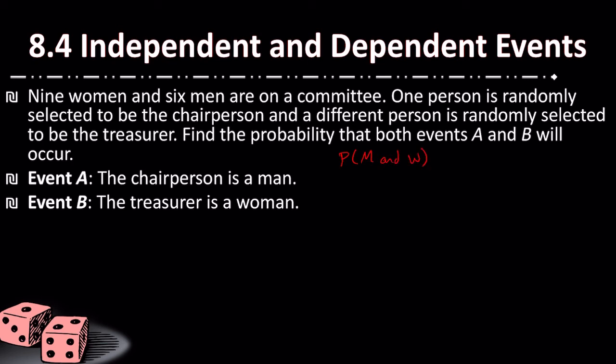So is this going to be independent or dependent? Well, after you choose the first person, there are less people to choose from for the second thing. So that does make it dependent. So this would be the same as the probability of getting a man for the first thing times the probability of getting a woman, given that we already chose a man.